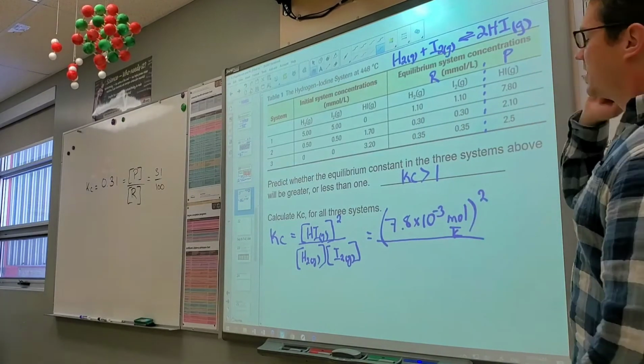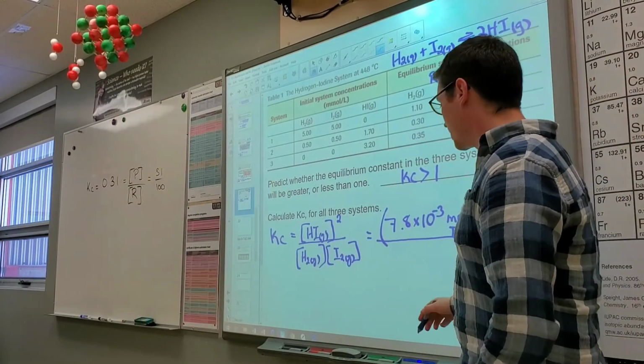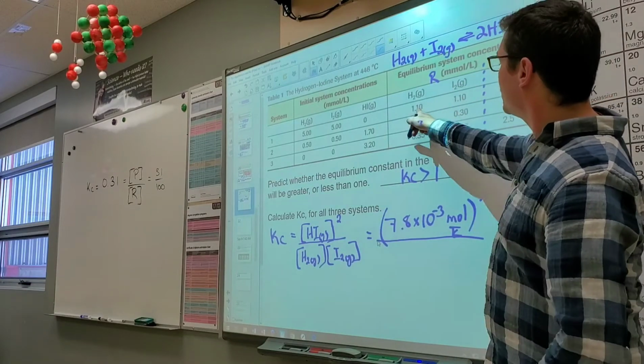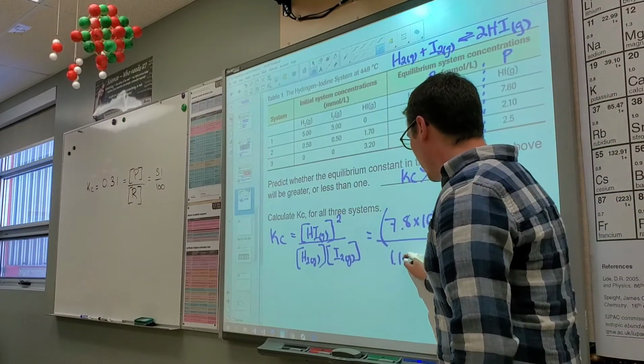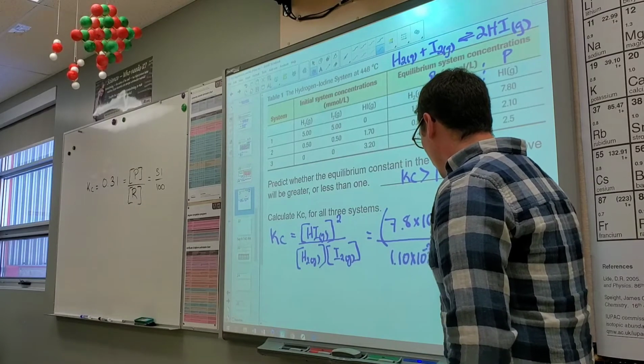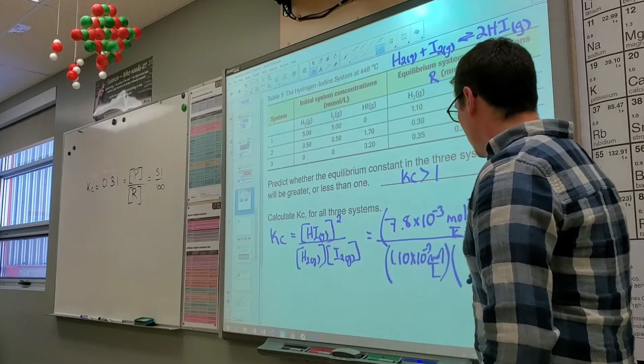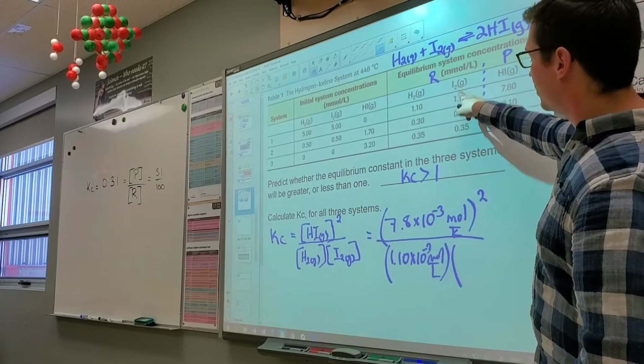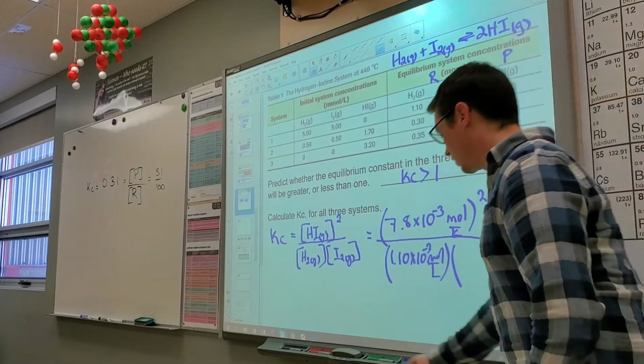So 7.8 times 10 to the negative 3 moles per liter. The concentration of H2 is 1.1 times 10 to the negative 3 moles per liter. And the concentration of I2 is the exact same thing.